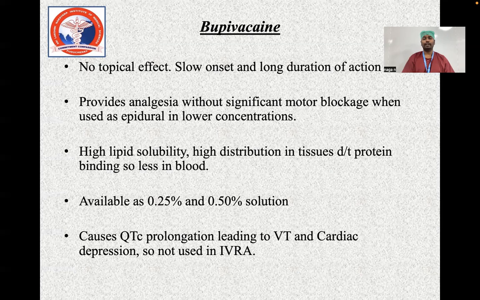High lipid solubility, high distribution in tissues due to protein binding, so less in blood. It's available in 0.25% and 0.5% solution. It's a cardiotoxic drug. It causes QT prolongation leading to VT and cardiac depression, so it is not used in IV regional anesthesia.